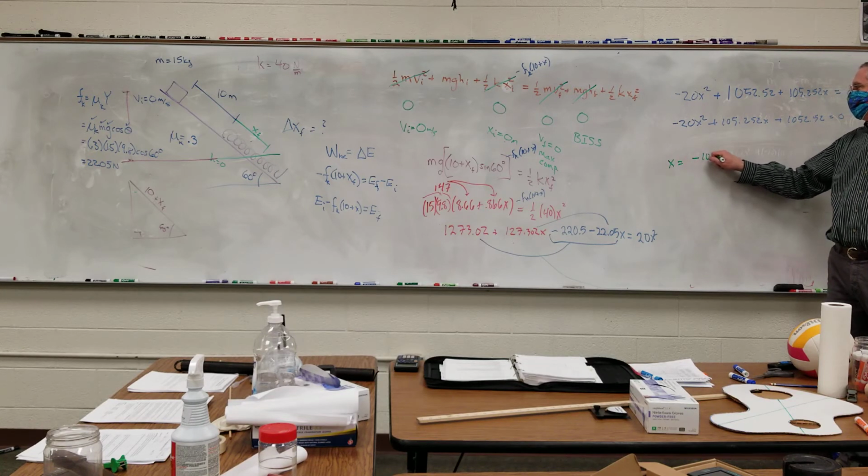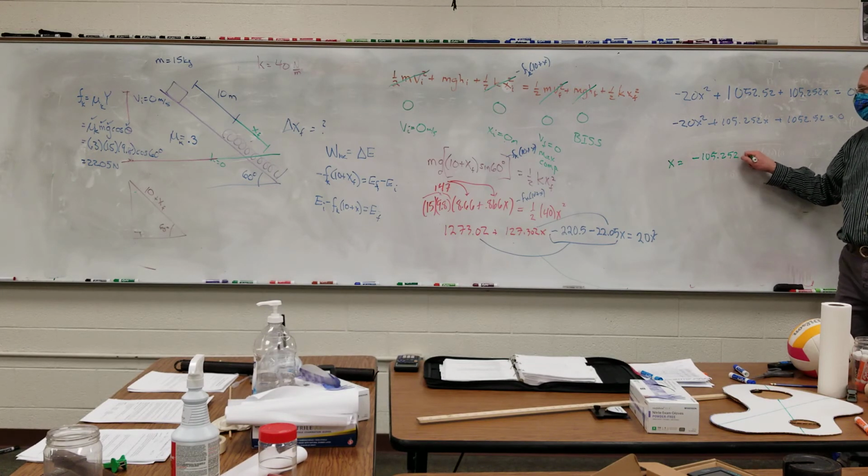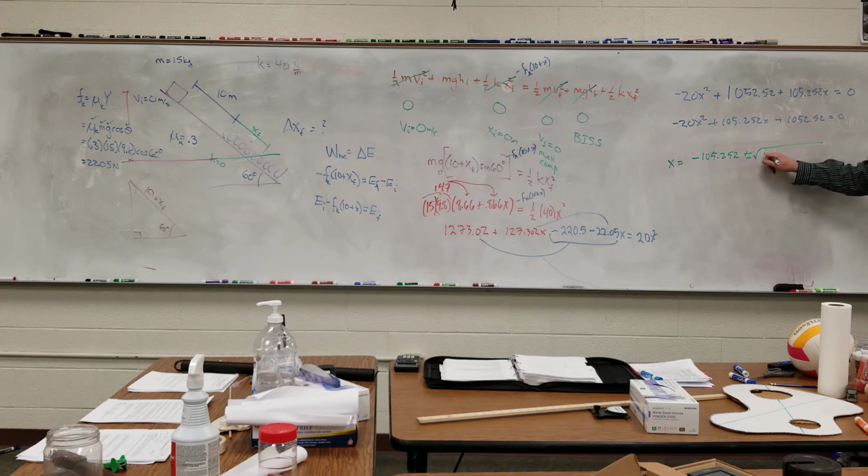Negative 105.252 plus or minus the square root of 105.252 squared minus 4 times 105.252 times negative 20, over negative 4.